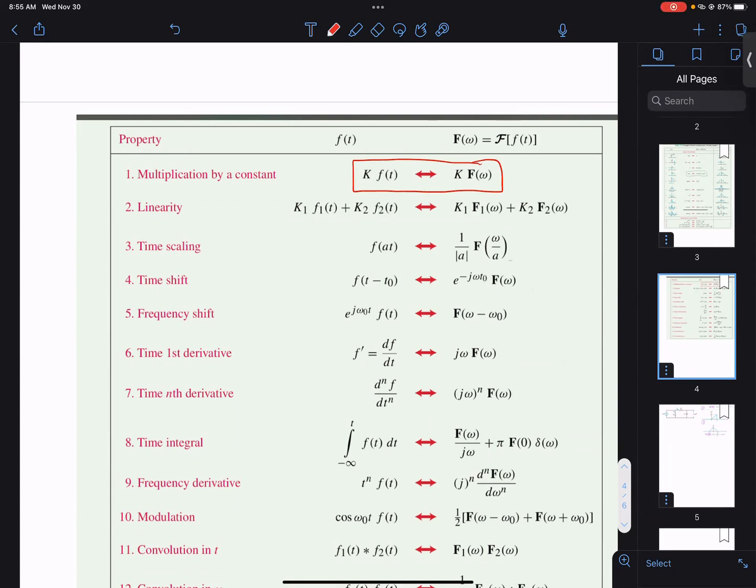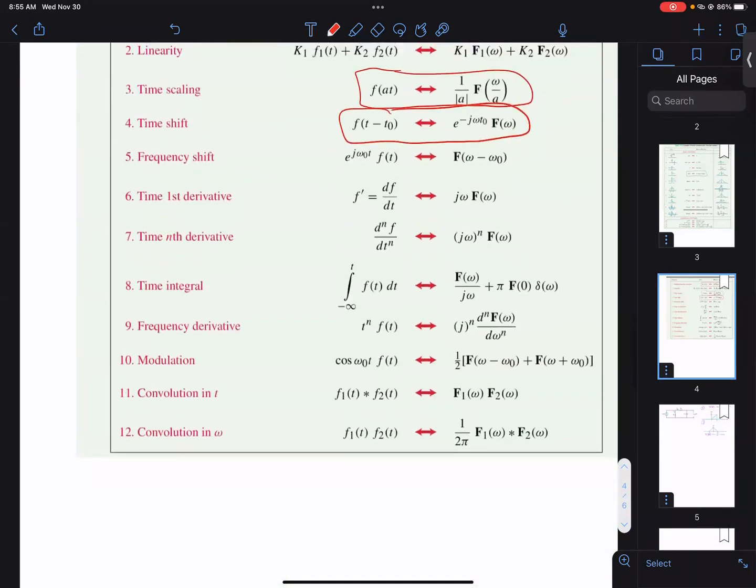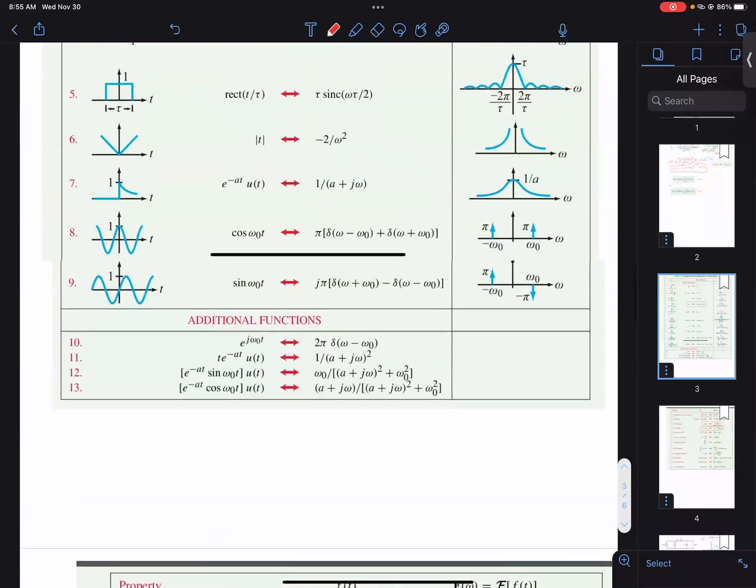If you have a times t, then it becomes 1 over the magnitude of a, F of omega over a. So these were just the same as the Laplace ones, except now instead of s in there, it's j omega. So these are the most common ones, and those properties are going to be similar.